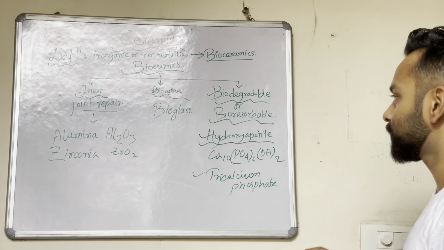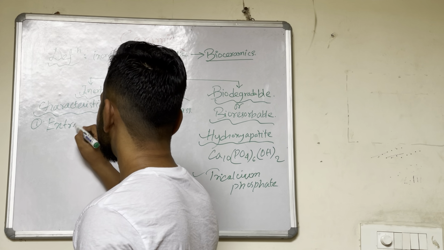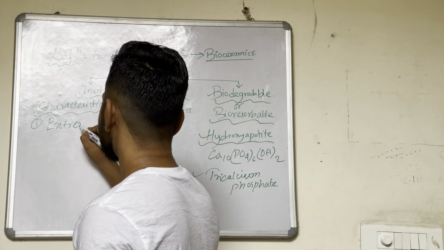Some of these characteristics of these ceramics which makes them quite different from other classes of biomaterials are: the first one is they show the property of significant, extreme hardness.